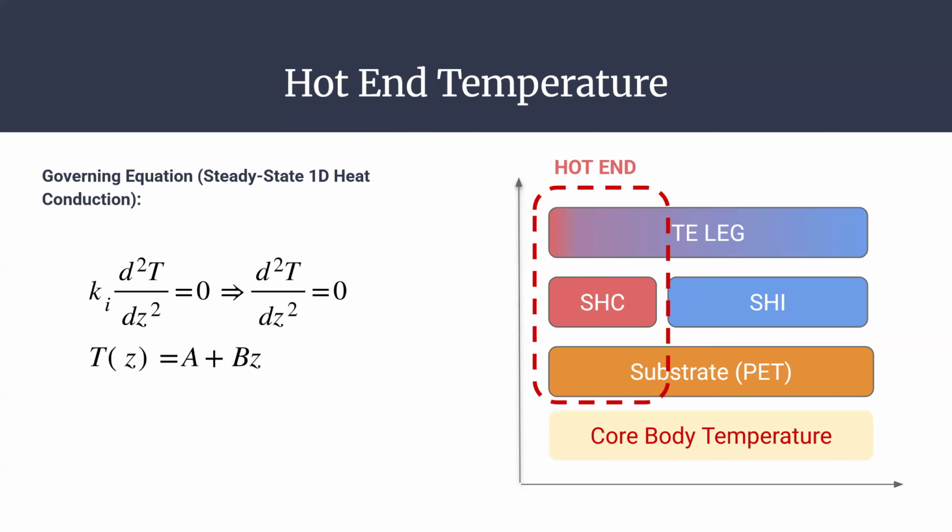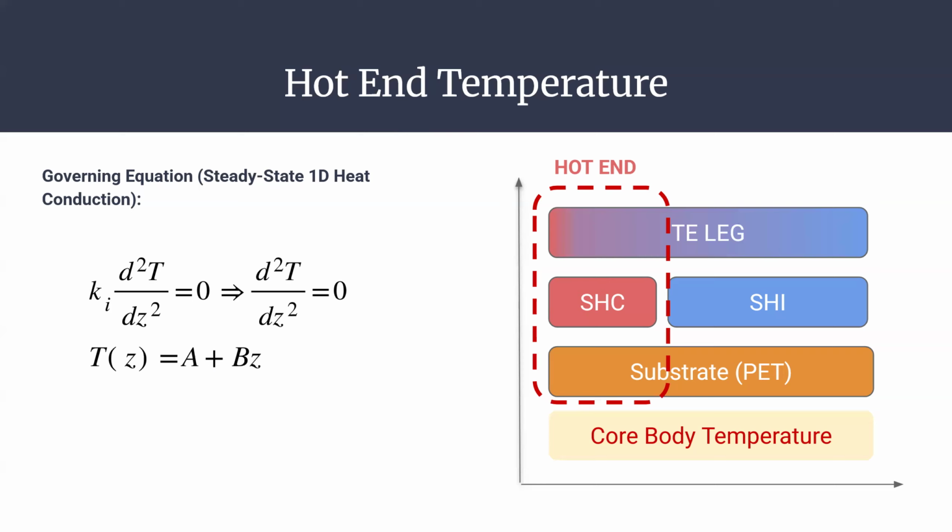And because we assumed the steady state condition, there is no time component on the right-hand side, which equates to zero, which allows us to cancel out the thermal conductivity components that gives us this very simplified 1D heat equation, the second derivative of T with respect to Z equal to zero.